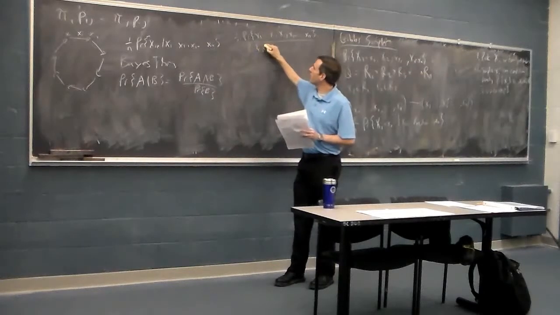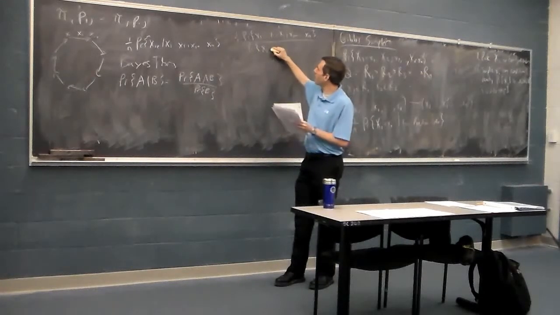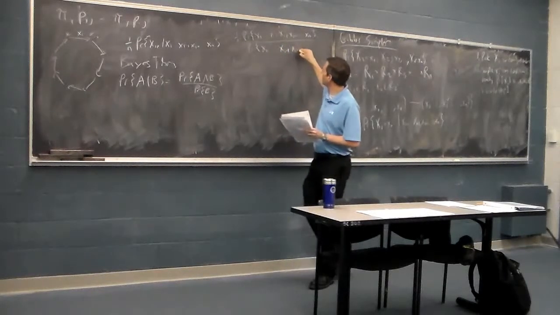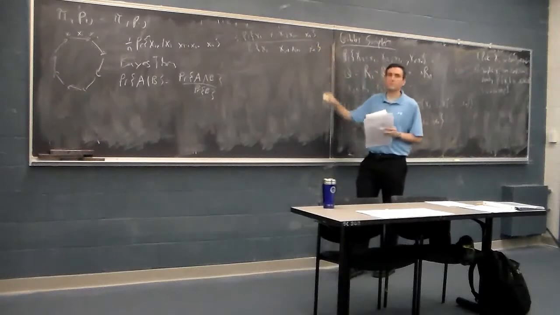So the probability of all of the variables except for that one assignment, x1 up through xi minus 1, xi plus 1 through xn.